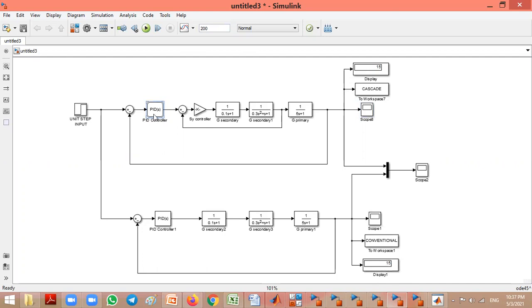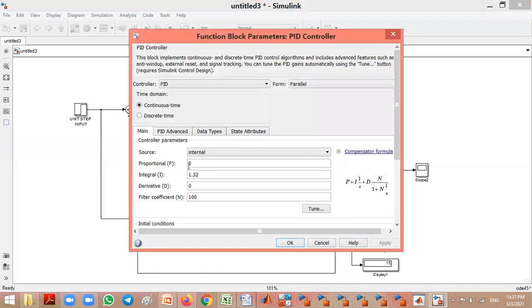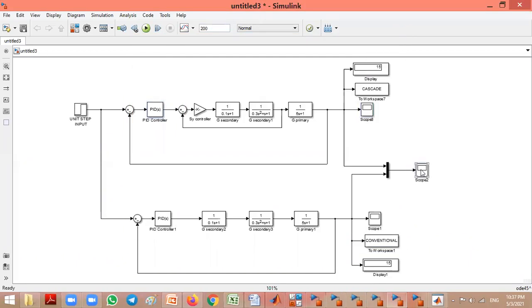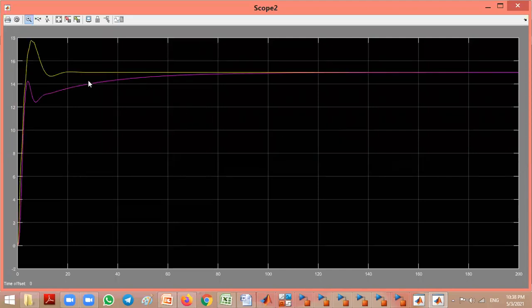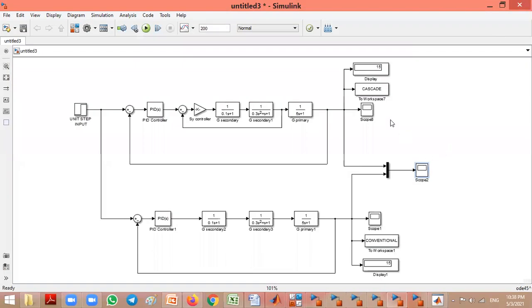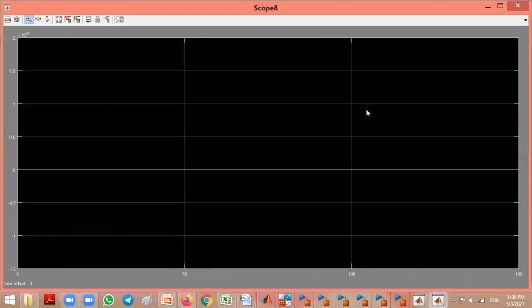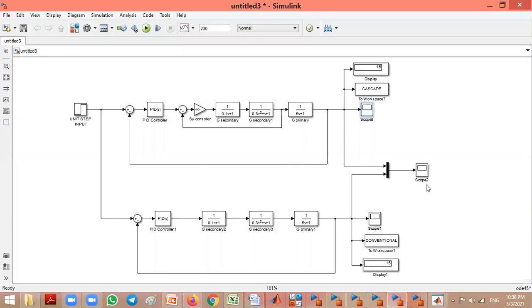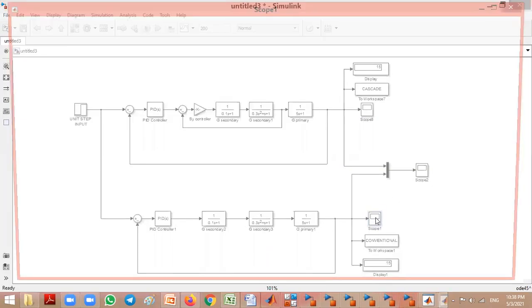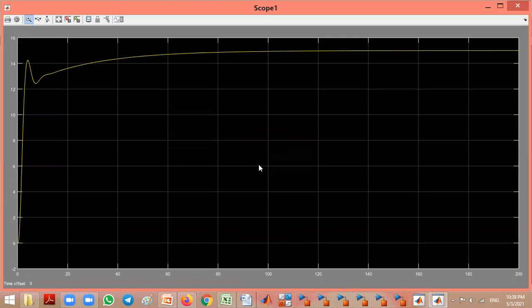So you check, this calculation may be wrong, so I have reduced the gain. See auto scale. Okay, there is a difference. So this is the cascade one, and the conventional one we will see here. So see, it is taking more time to settle.